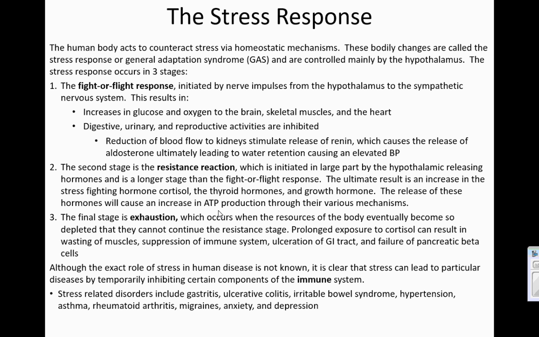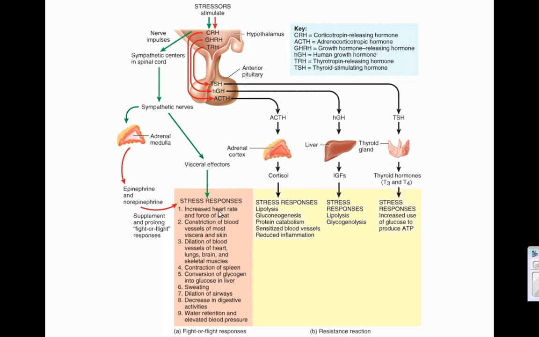Hypertension. What's hypertension? High blood pressure. Asthma, rheumatoid arthritis, migraines, if you don't know what those are, anxiety, depression. All stress-related components. Some of you guys might suffer from some of those. Okay. I have no idea for sure.